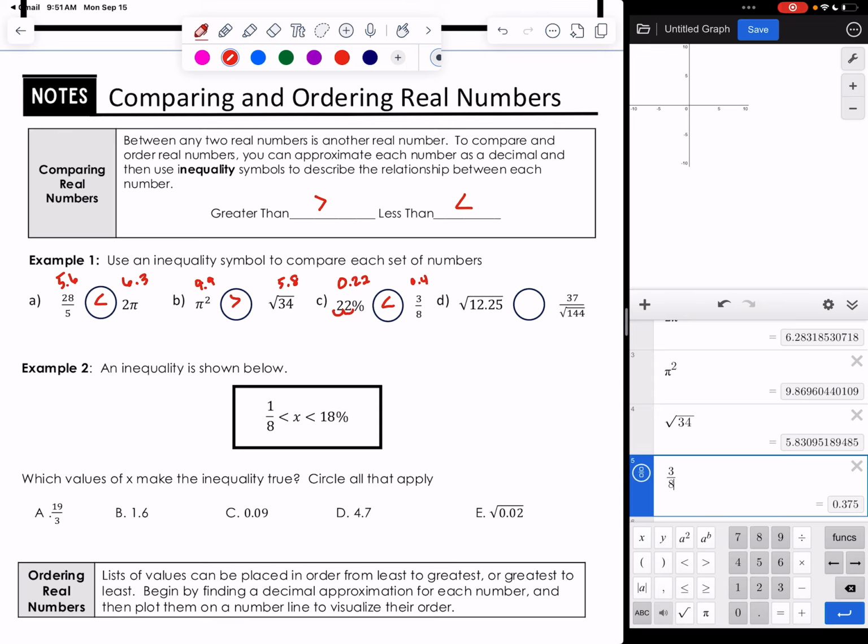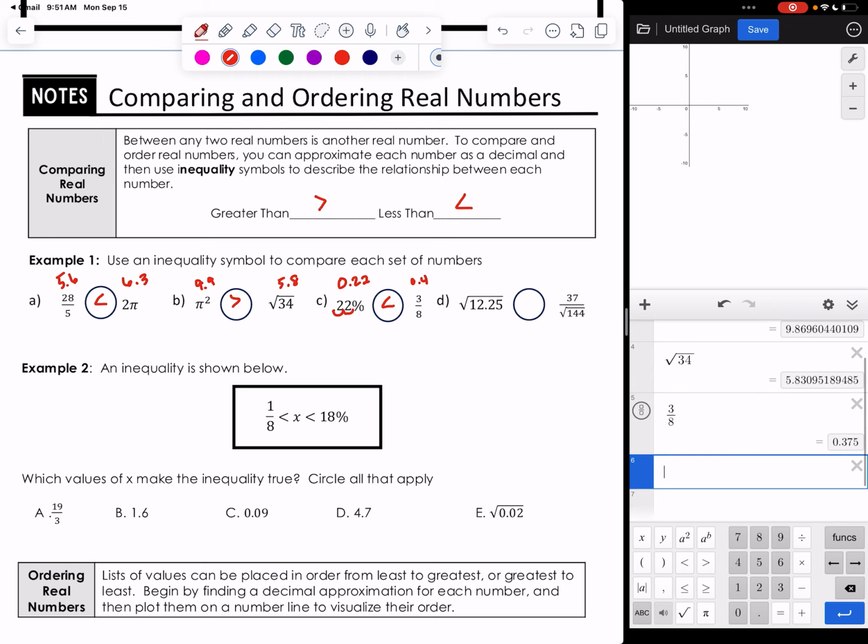All right. Problem D. The square root of 12.25 compared to 37 divided by square root 144. So I'm going to approximate these. Square root of 12.25. Okay, it's a terminating decimal, so it's rational, 3.5.